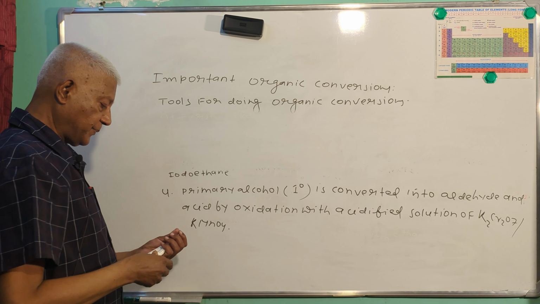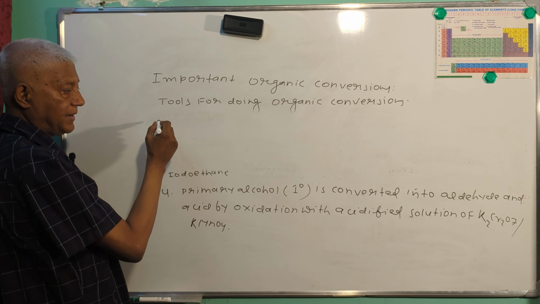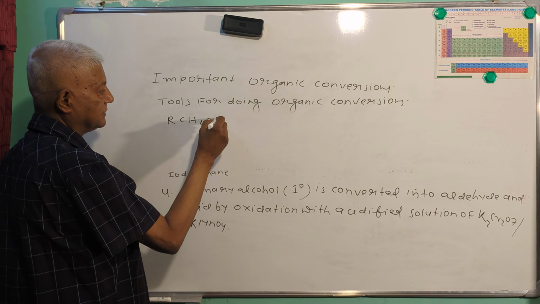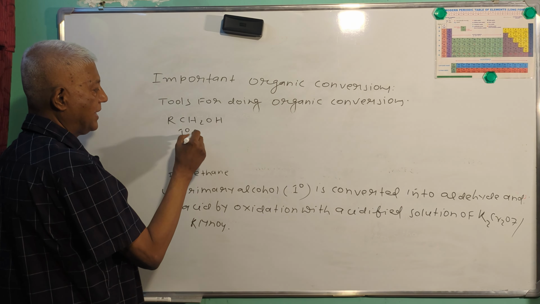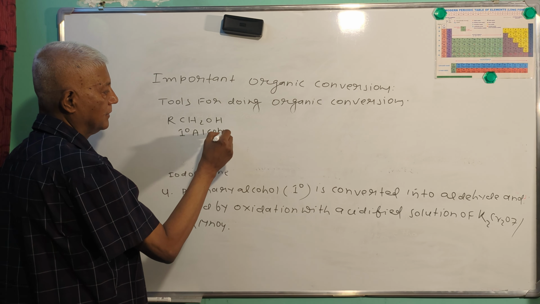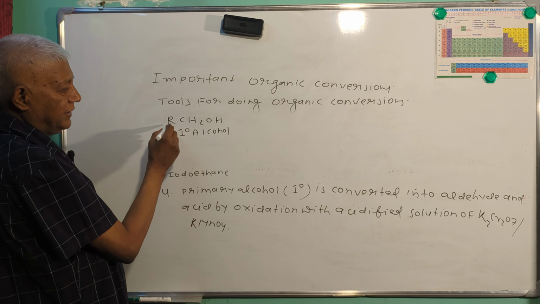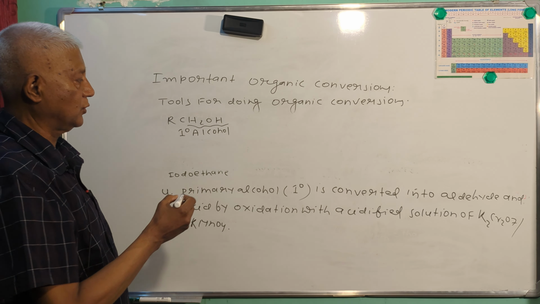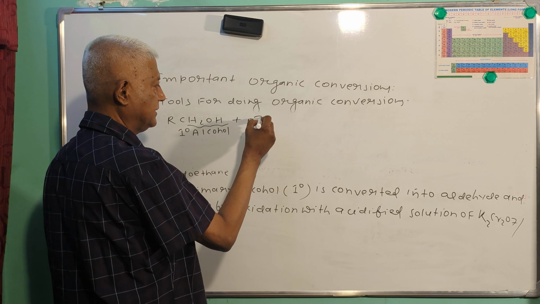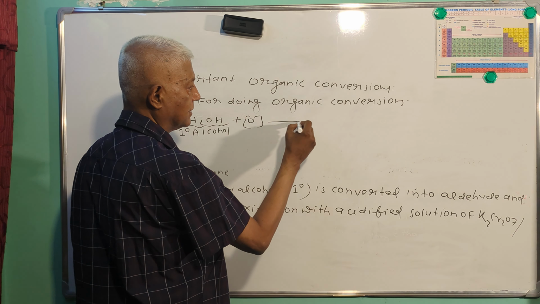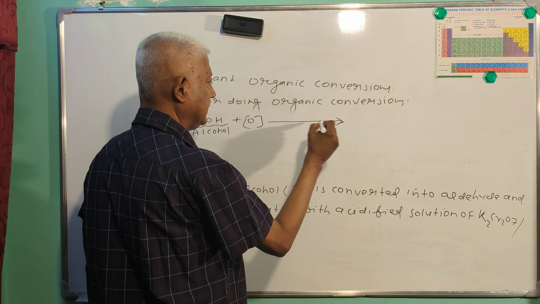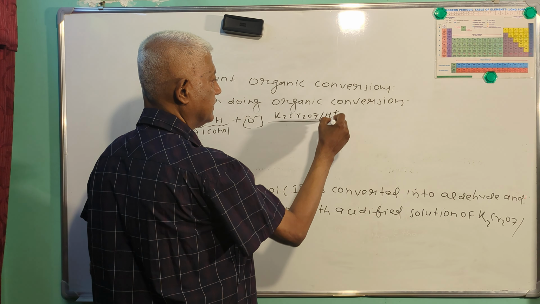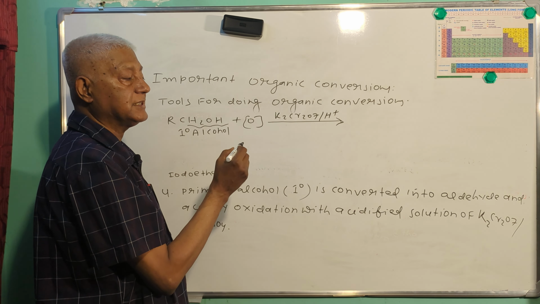So at first we have to know primary alcohol. RCH2OH is known as primary alcohol. Always keep in mind, if one alkyl group is attached to the CH2OH group, that is known as primary alcohol. When that is oxidized, the nascent oxygen comes from an acidified solution of potassium dichromate. H plus means acidified.